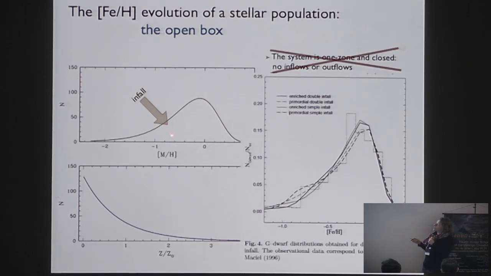So if you put some infall, if you let some fresh gas fall into your box, then you move the position of this side of the distribution. You don't touch the peak too much. It's just different prescriptions for the infall. If you change the prescription of the infall, you change a little bit this side of the distribution.